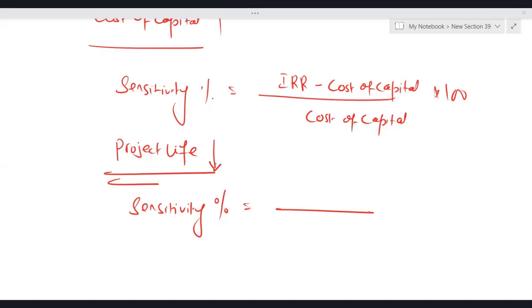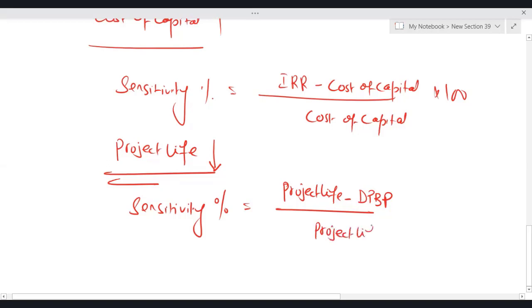Yes. Now listen and listen carefully. If the project life reduces to the discounted payback period, logically, can I say discounted payback period is the time period where NPV will be 0? Yes or no? Discounted payback period is the time where the project has NPV 0. Is this clear to everyone?